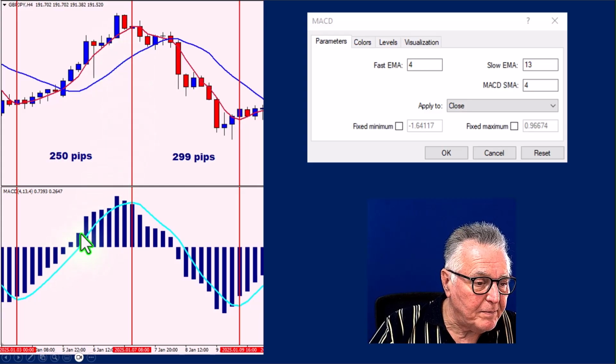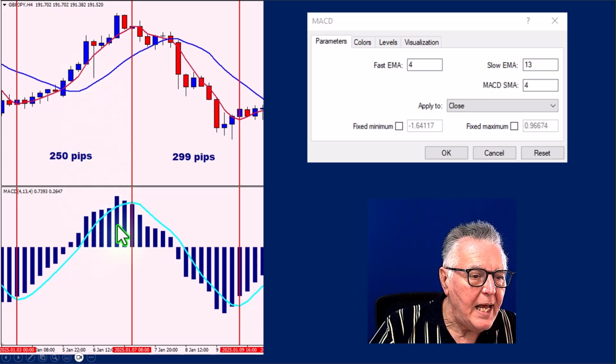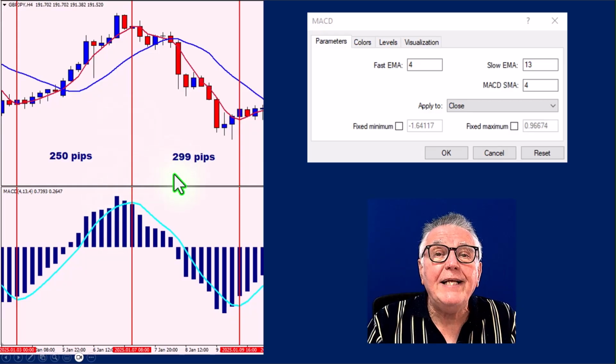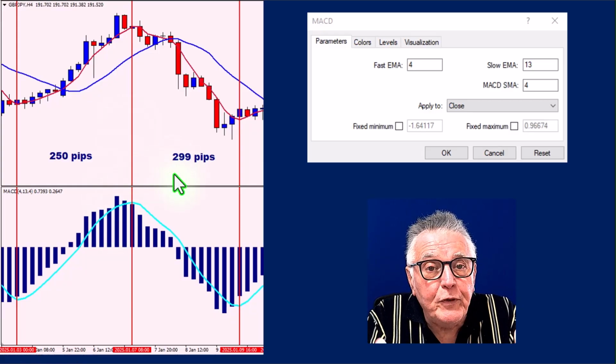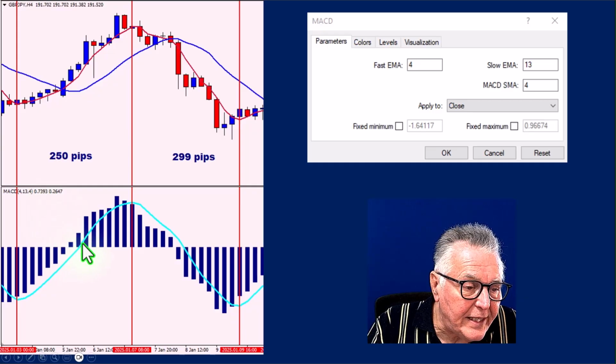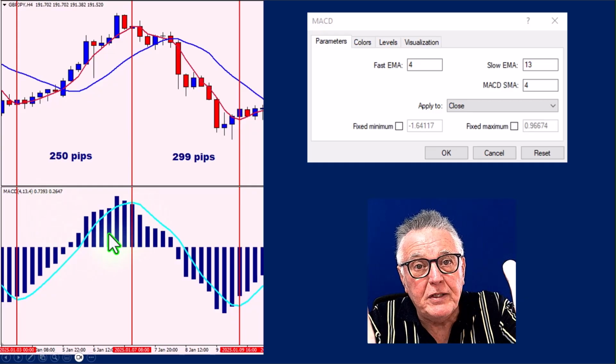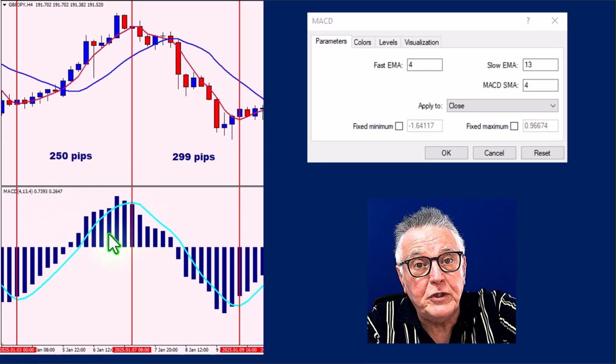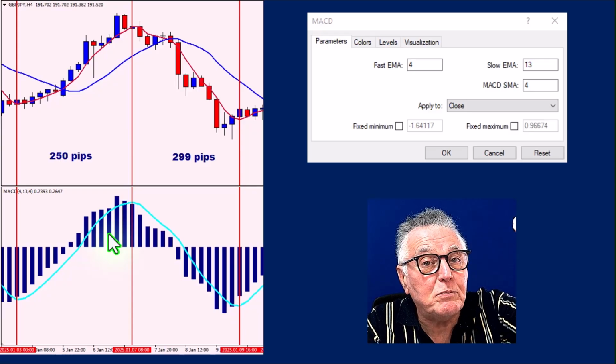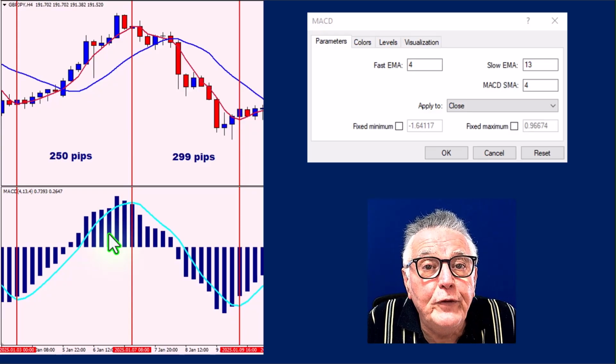So there's the bar. The next one is bigger because that's moving away. So the bars get bigger and bigger and bigger, and then suddenly they stop diverging. So when the bars are getting bigger, it is diverging. The moving averages are diverging from each other. When it starts getting smaller, they start converging on each other.